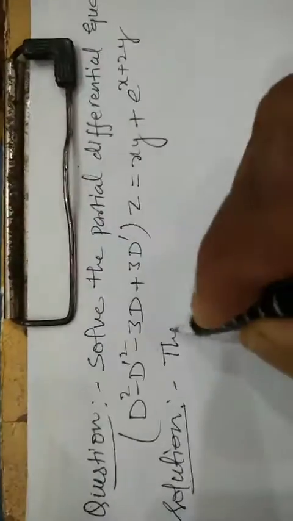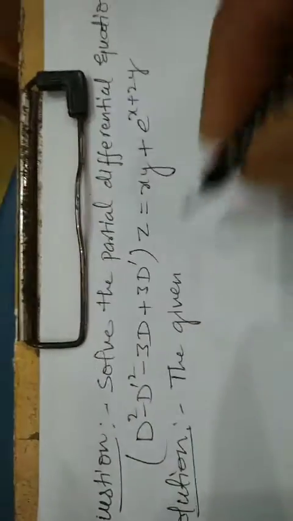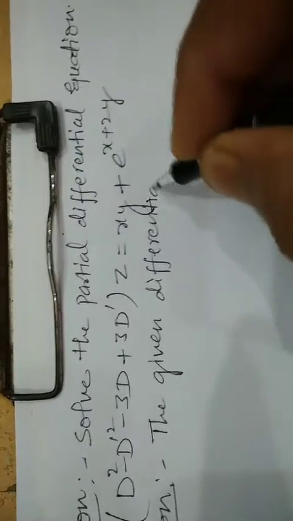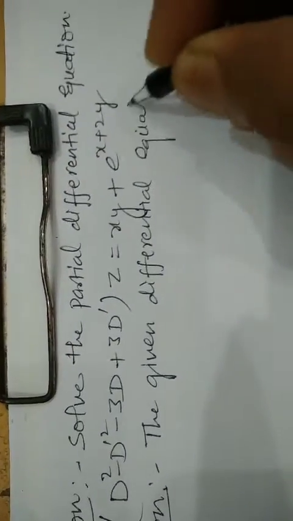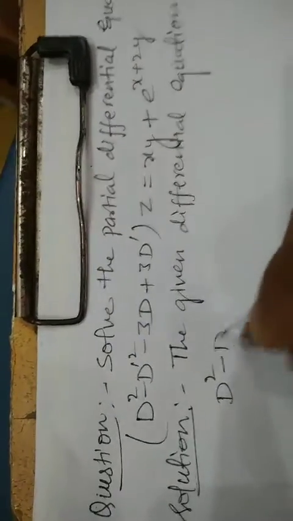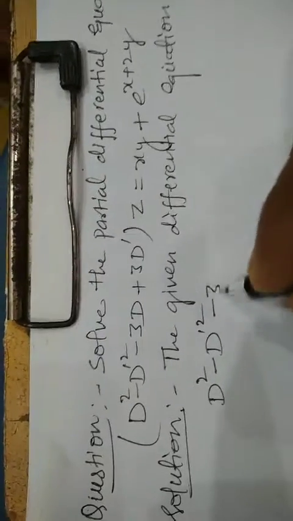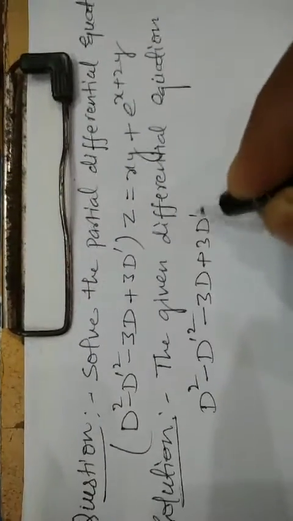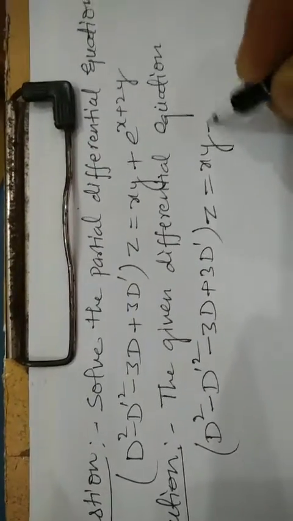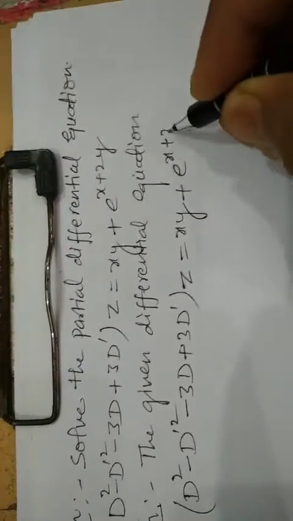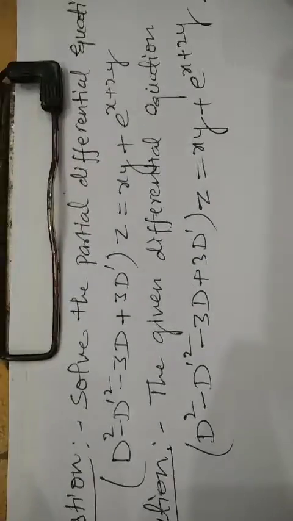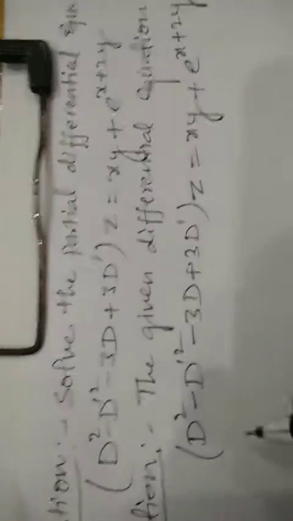The given differential equation is D square minus D dash square minus 3D plus 3D dash z equal to xy plus e to the power x plus 2y. First we will factorize the given partial differential equation.